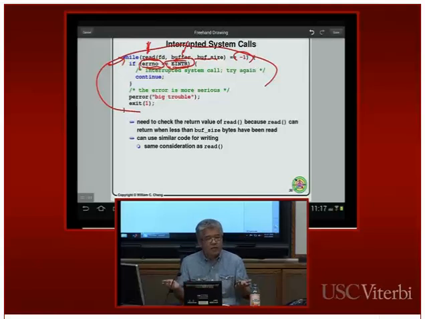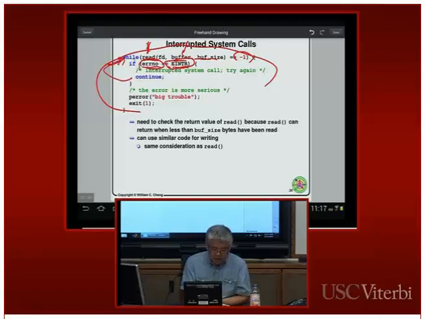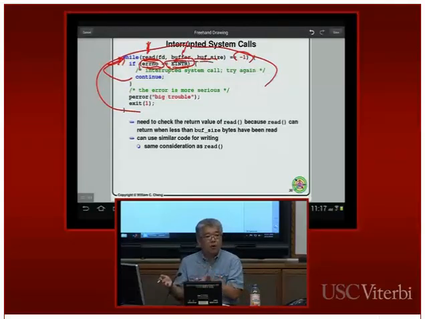So if errno equals EINTR, what are you supposed to do? That means the read didn't really complete, or maybe it's somehow halfway finished. You go back over here and read it again. In the operating system, you have to make sure the cursor position hasn't changed, so you perform the read request one more time with the cursor at exactly the same place, and then you start reading again to fill that buffer with that much data.